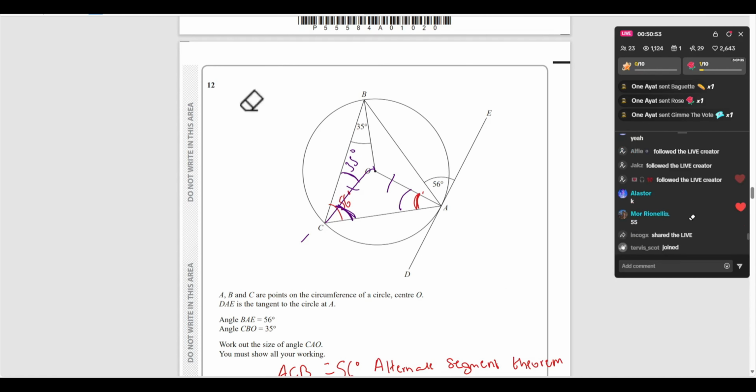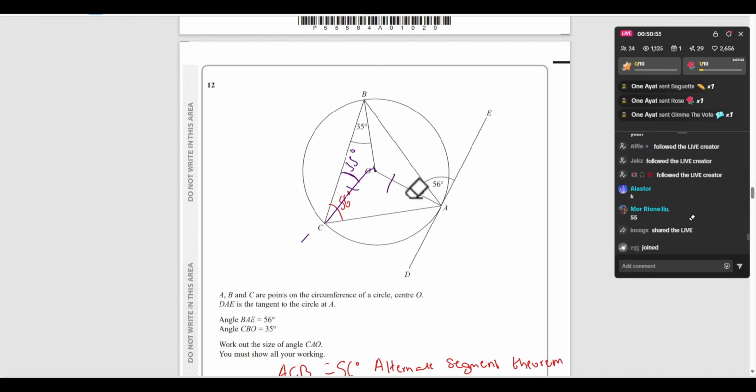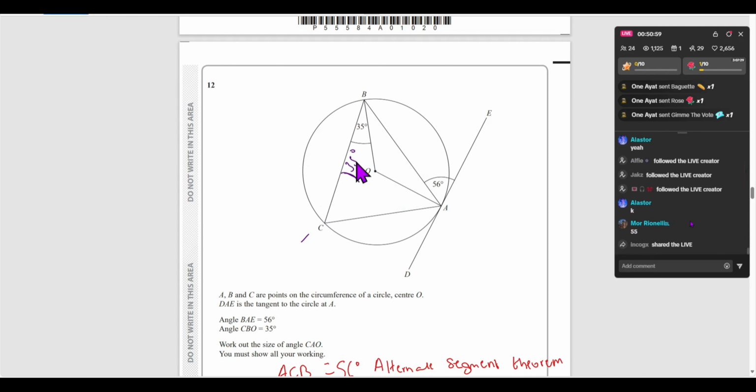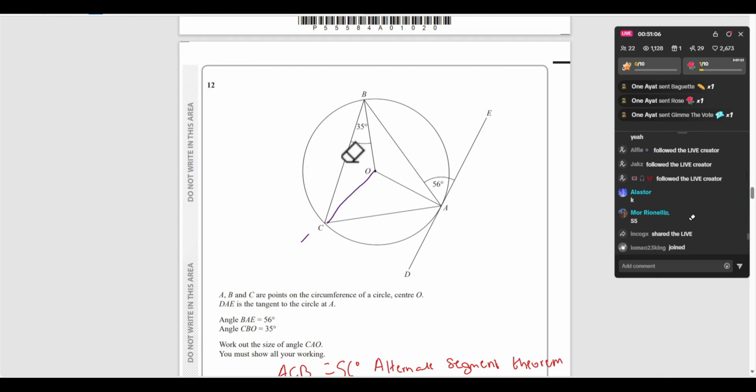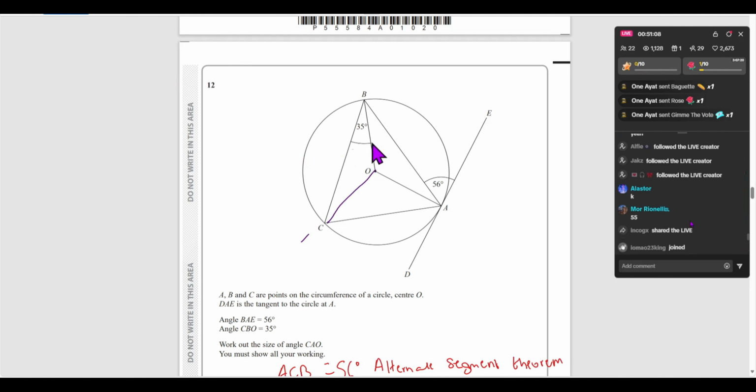If you guys don't really understand, I'll quickly show you here. If I draw this, it makes an isosceles triangle, and an isosceles triangle has angles at the base which are the same. This will be 35 degrees, right?